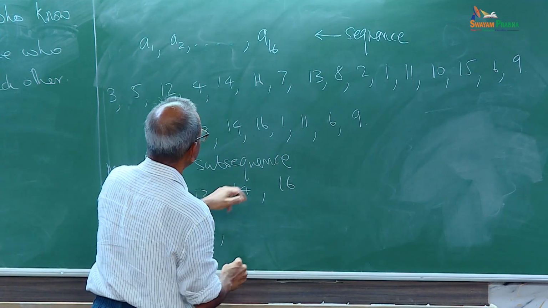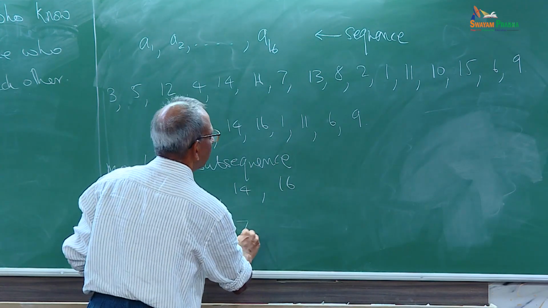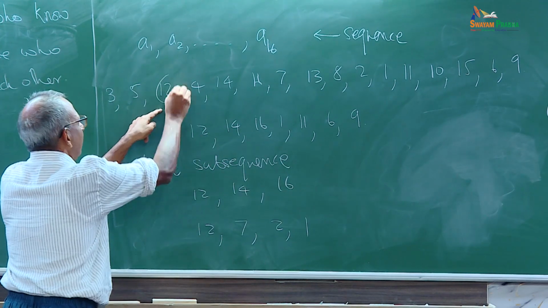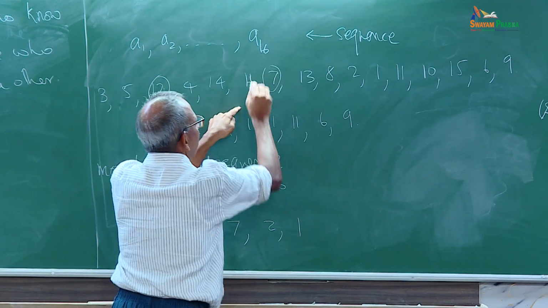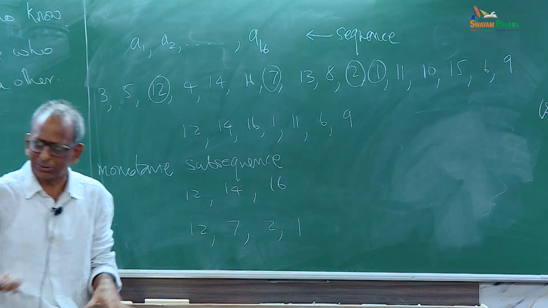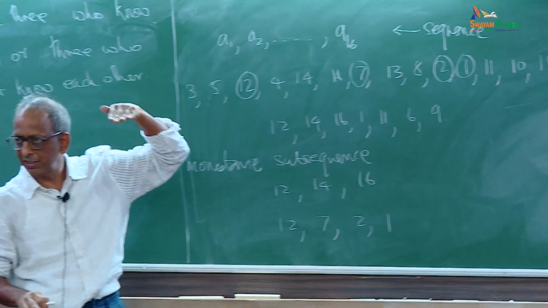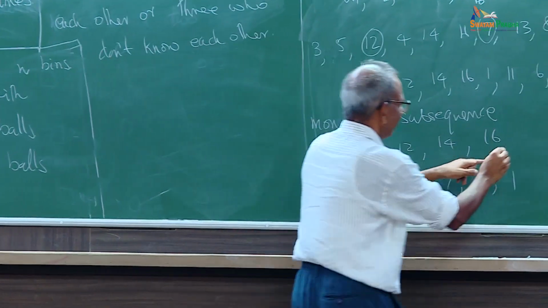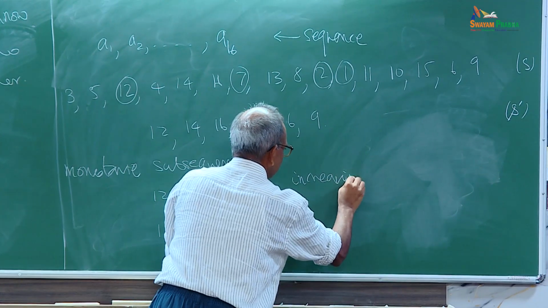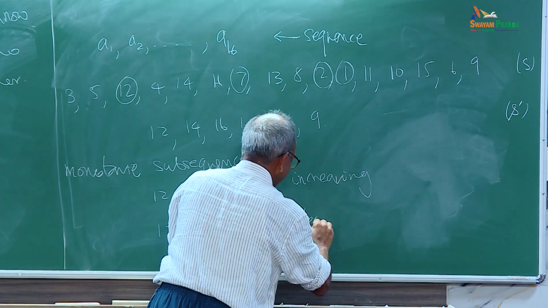So I take 12, 7, 2, 1. It's a subsequence and it is decreasing. So this is an increasing subsequence and this is a decreasing subsequence.